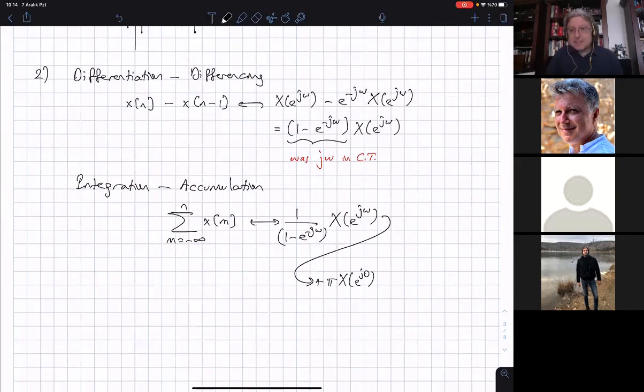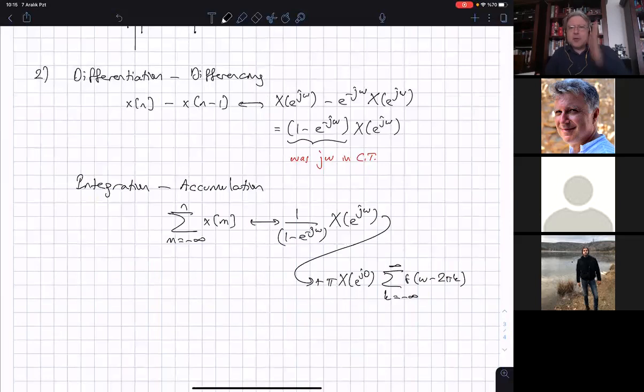But this impulse at omega equal to 0, the DC, I have to make it 2 pi periodic with the other impulses as well. So I don't only have delta of omega, but I have an infinite summation of impulses like this: summation for all k, delta of omega minus 2 pi k.